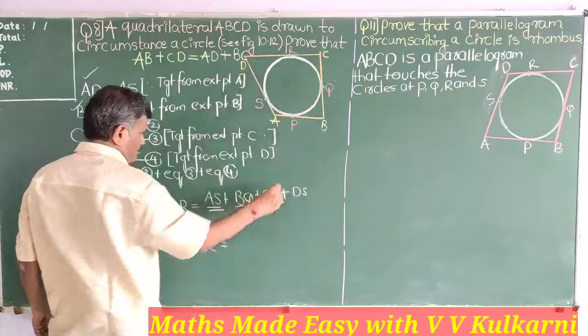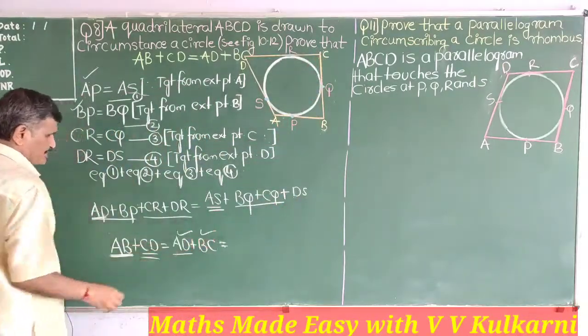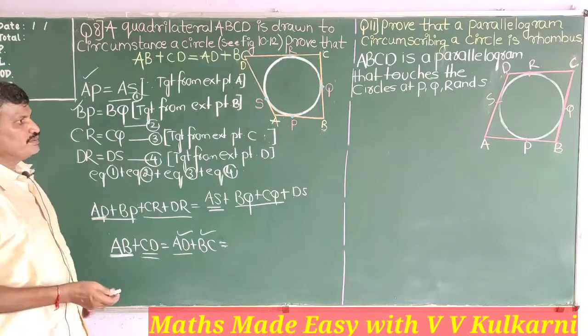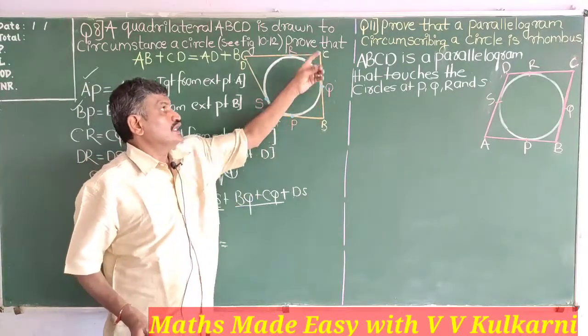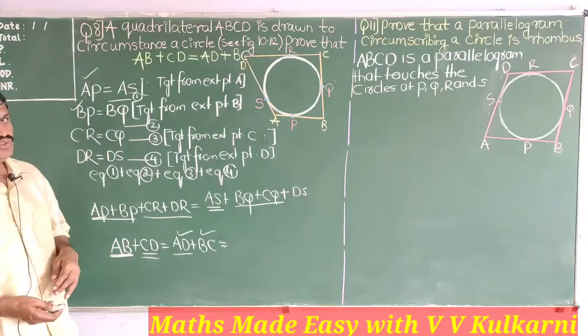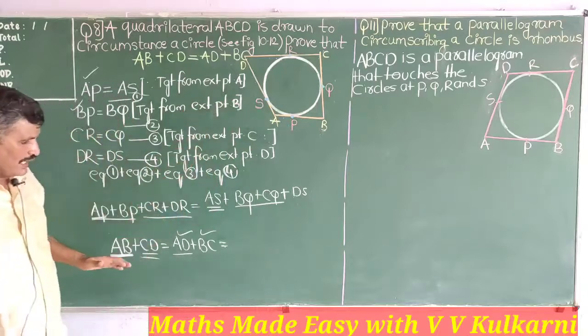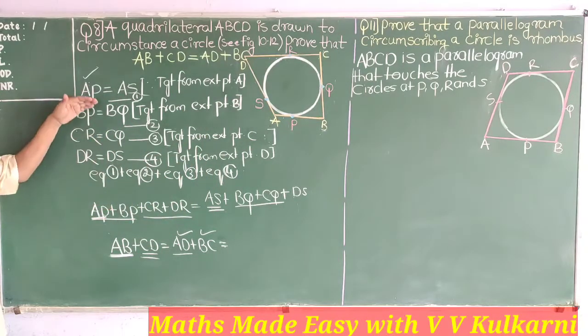BQ plus CQ is equal to BC. And I already told you, AP plus BP is equal to AB, and CR plus DR is equal to CD. So if you use this simple technique, write this step first, then add in this order, you will get the solution.